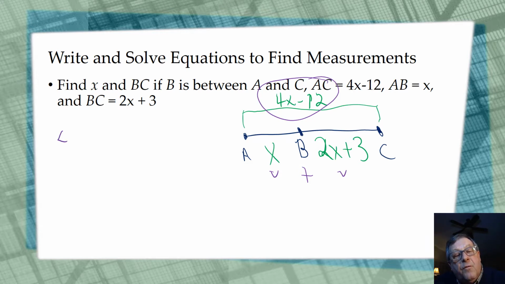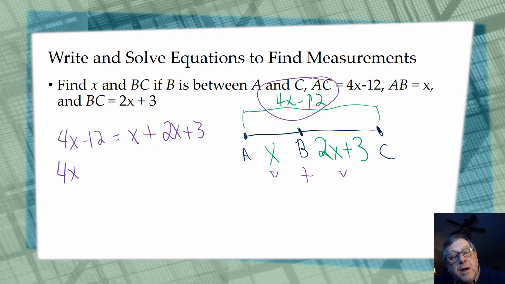So let's see, we got 4x minus 12 equals x plus 2x plus 3. Okay, well, let's combine like terms on the right side of this equation first. So we got 4x minus 12 equals, well, x plus 2x is going to be 3x plus 3.